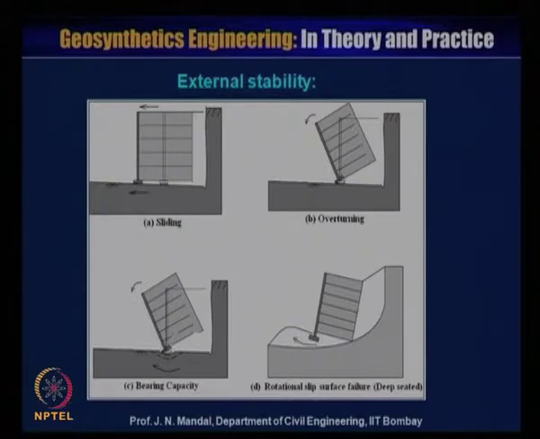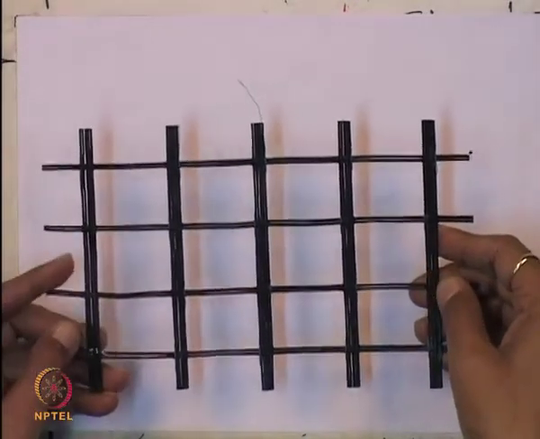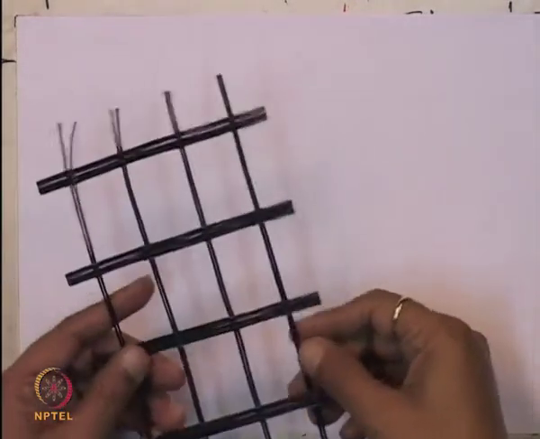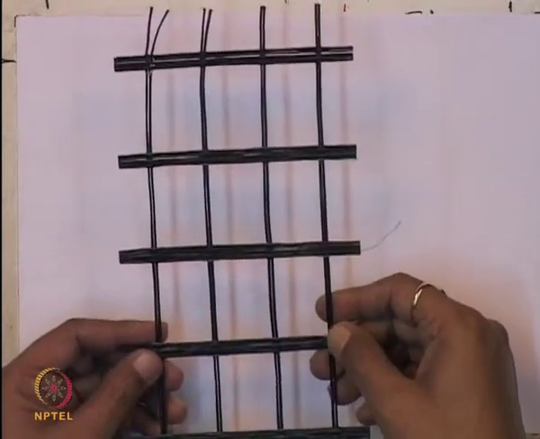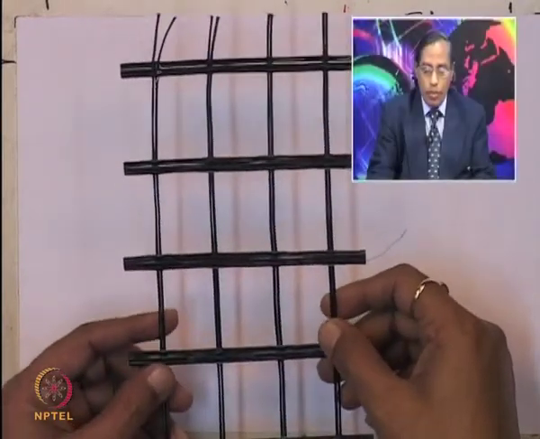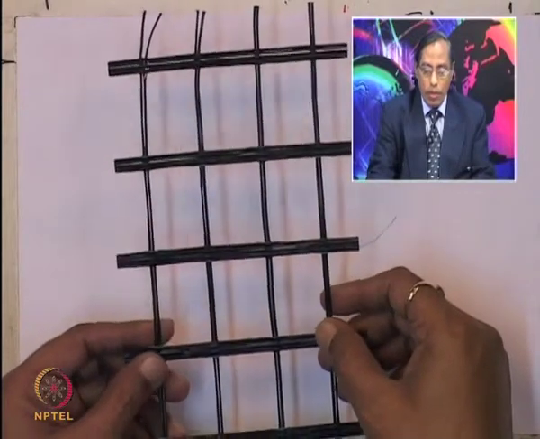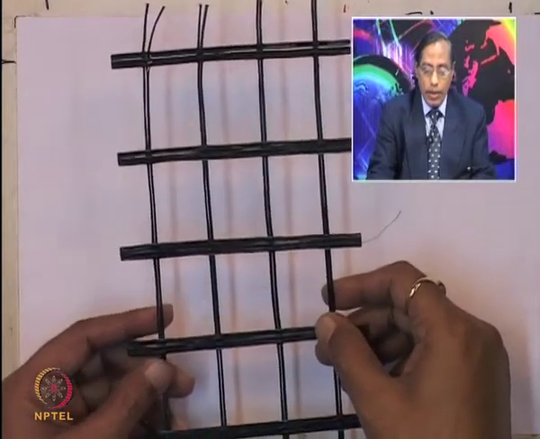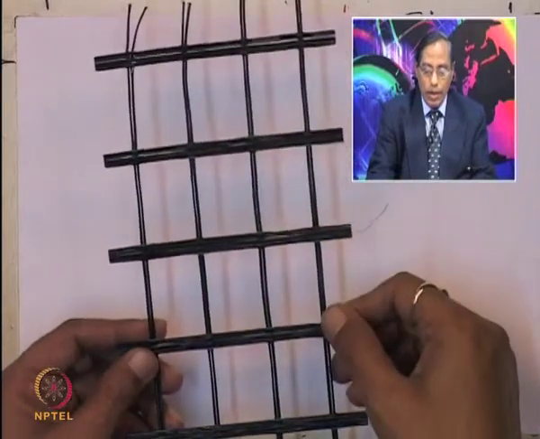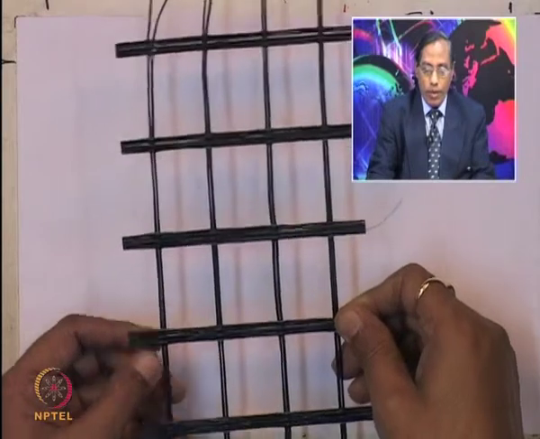In this course we will cover three parts. In part 1 we will cover the mechanically stabilized reinforced soil wall, in which we will use geogrid material, and this has different strengths. So we will see how we can design the geosynthetics reinforced soil wall system using this geogrid material.